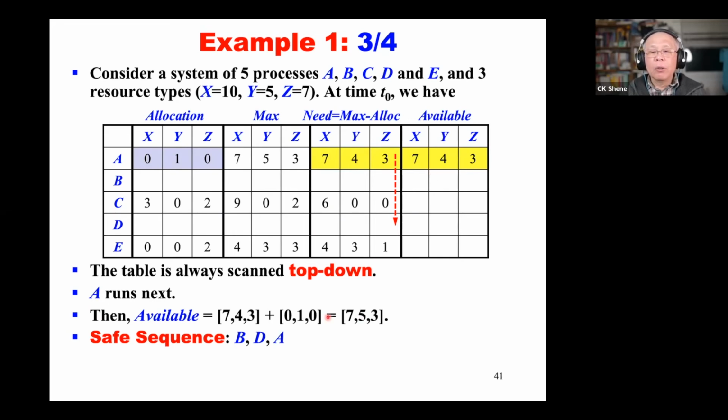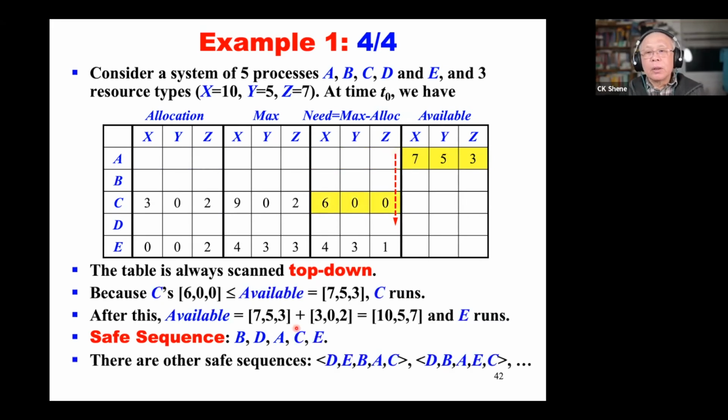So A would be appended to the safe sequence. So now we have 7, 5, 3. We scan down. Okay, we could run C, followed by, of course, the only one E. So what we have found is B, D, A, C, E.